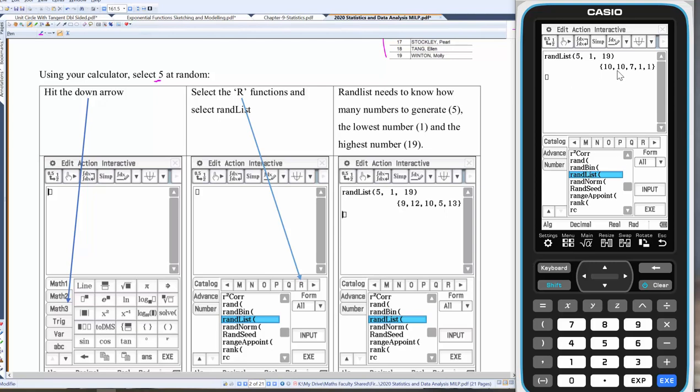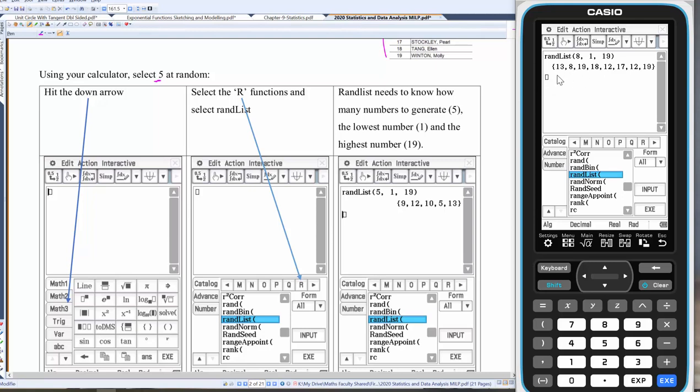Now notice that 10 was generated twice. So why don't we just change that to be 6 and take the first, well, this is not good because it's repeating numbers, but that's all right because it is random. Let's generate 8, 1, 2, 3, 4, 5, and take the first 5 that aren't repeated. There you go.